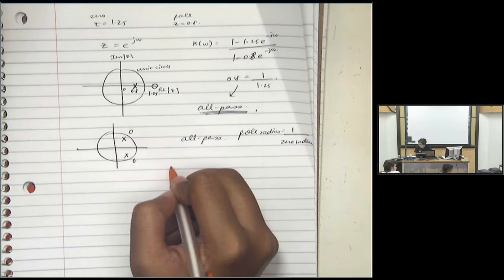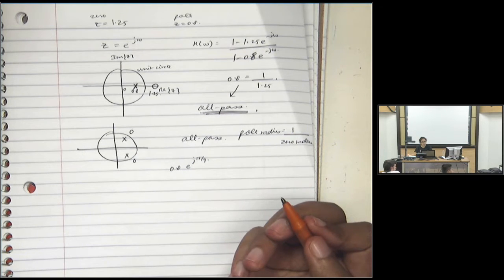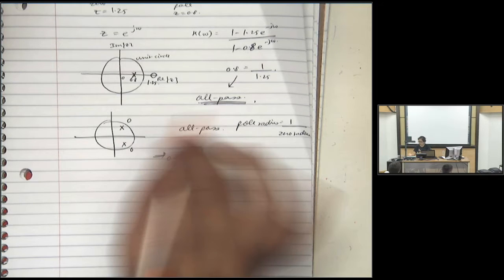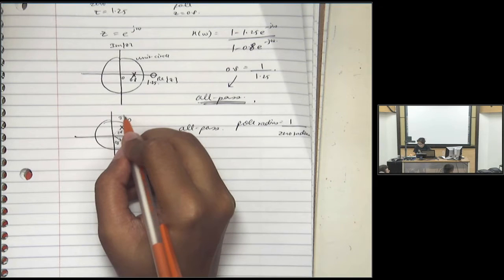So I'll have 0.8 times e raised to power j pi by 4, for example. I'm not sure if this is correct, just an example. So it'll be 0.8 away in both cases, and this will be at pi by 4, and this will be at minus pi by 4.